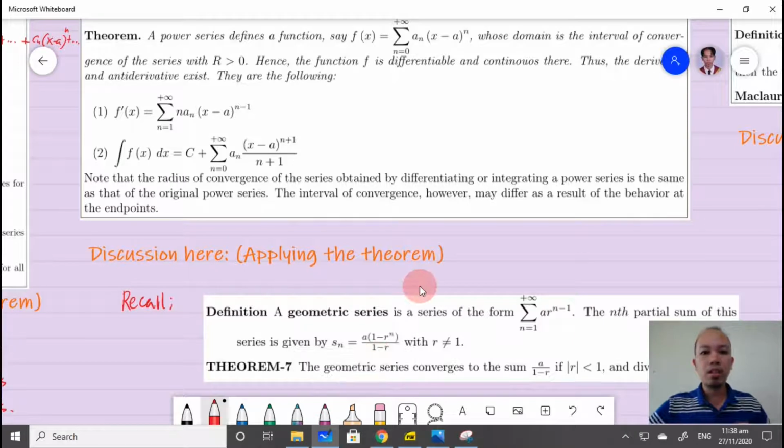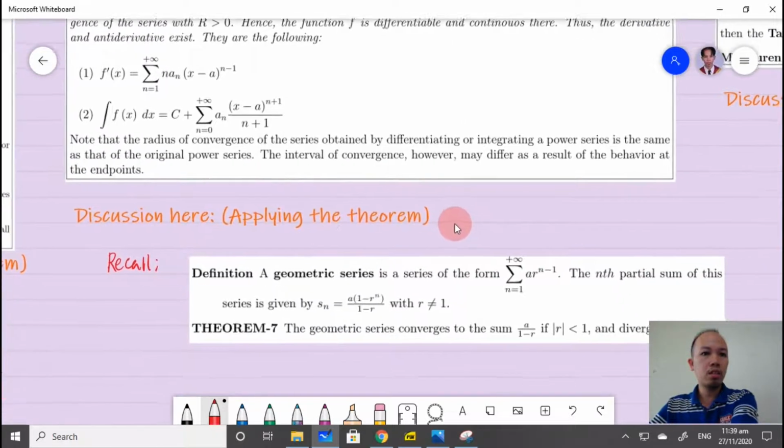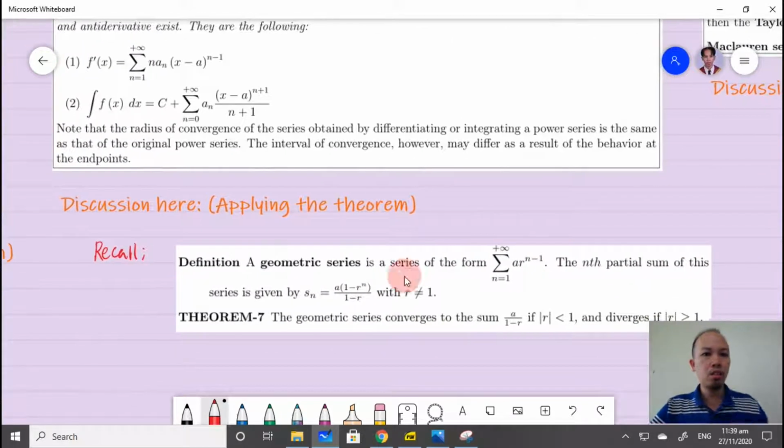Okay, so this is the definition of the geometric series. We will start our discussion with this series. Remember this form, this is the geometric series, and we know that the nth partial sum is denoted by this form.